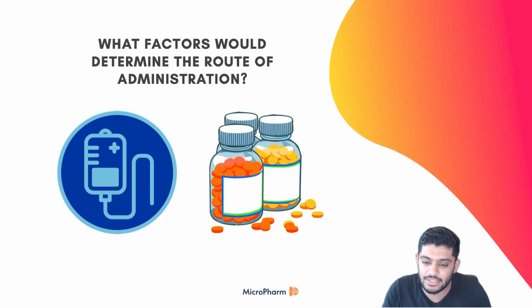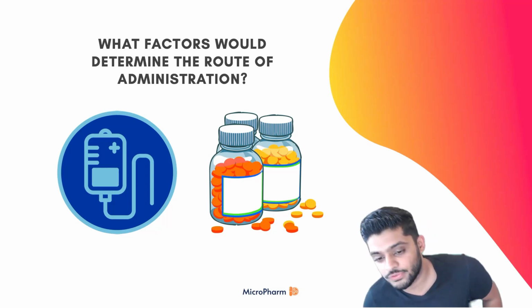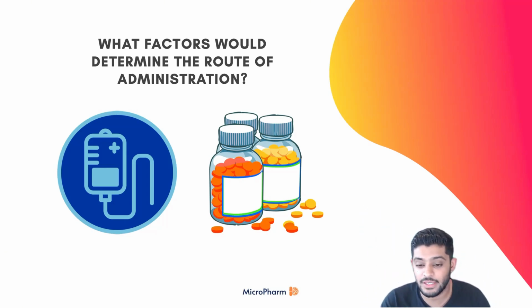It has a relatively narrow spectrum of activity. It has great activity against Staphylococcus aureus, which generally causes cellulitis. In terms of its route of administration, if you've got a severe case of cellulitis, you can use flucloxacillin intravenously.